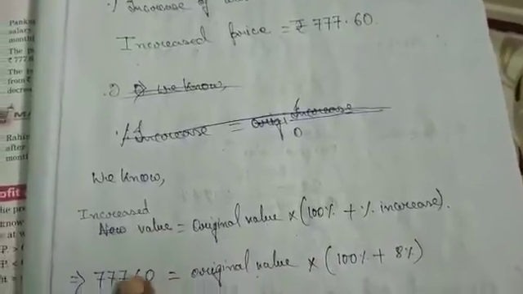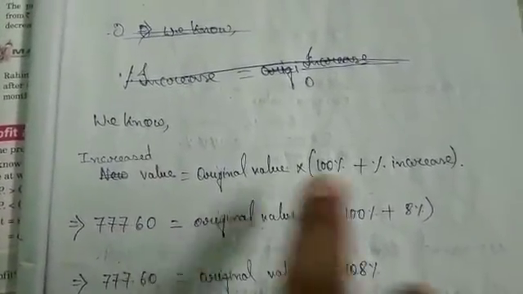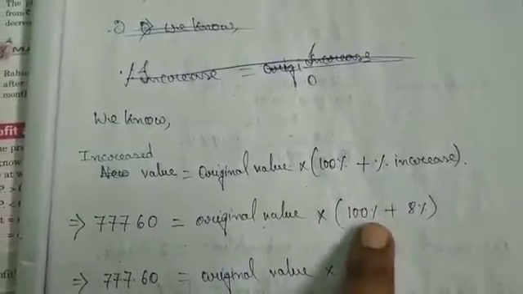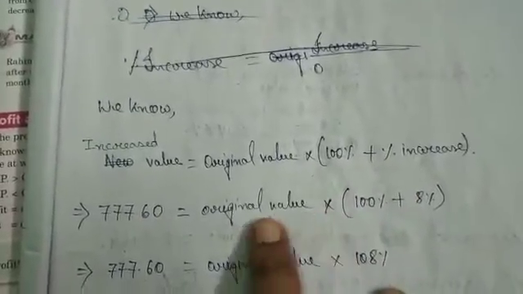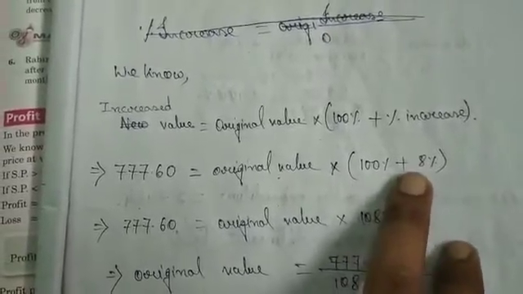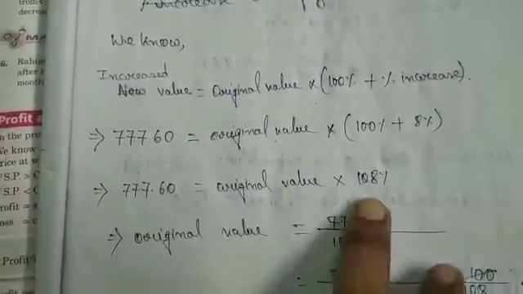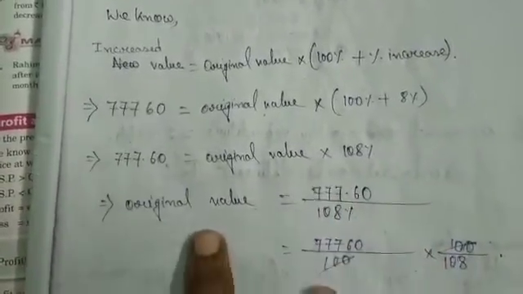The new increased value is 777.60, and here is the base 100%. Now the calculation: 100 plus 8 gives us 108%. Just put in the values and do the calculation and you will get the result.